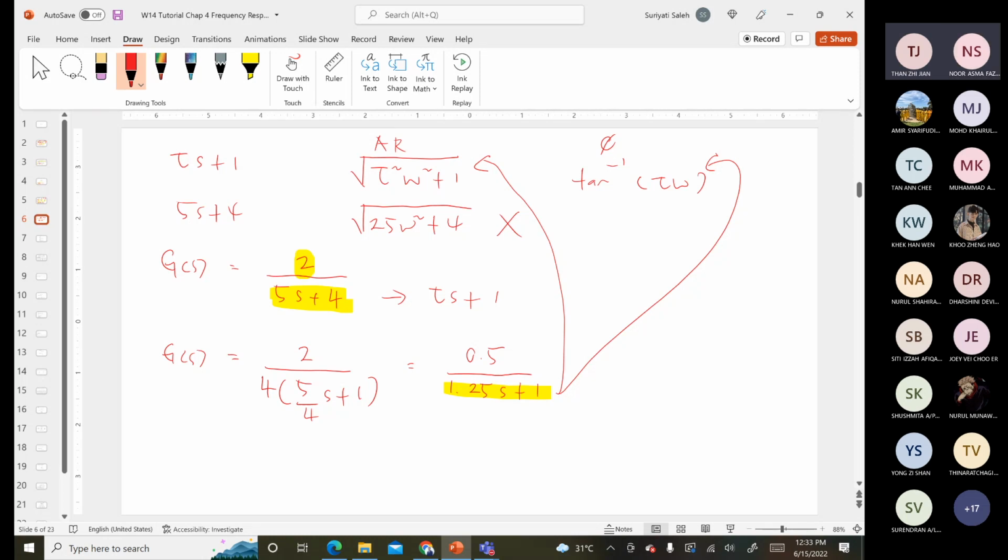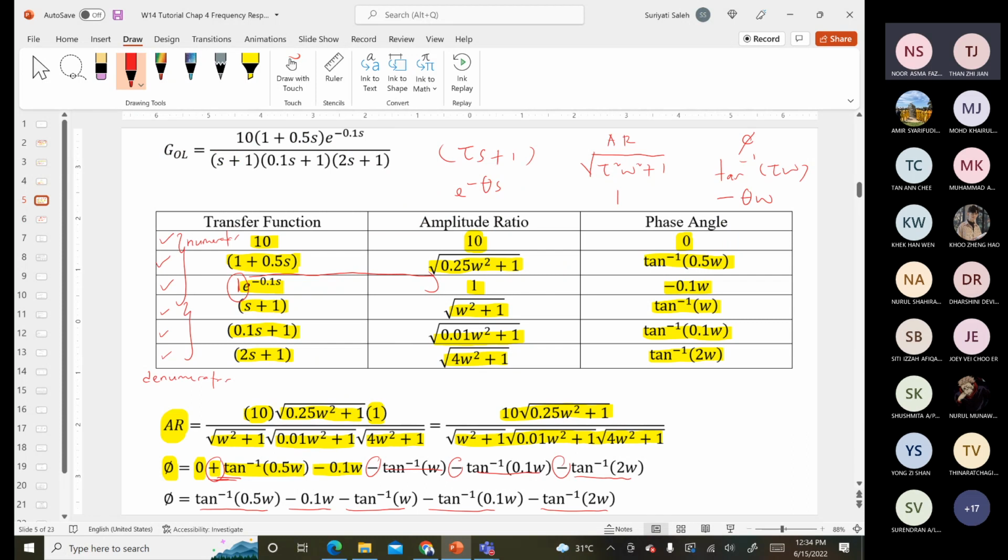The good practice is to ensure that in the equation you have plus 1 over here, plus 1 over here, plus 1, plus 1. When you get plus 1 in these expressions, then you can proceed. If it's not plus 1, you make sure it becomes plus 1 before you do the conversion to amplitude ratio and angle.